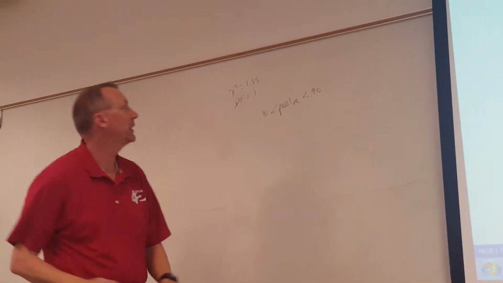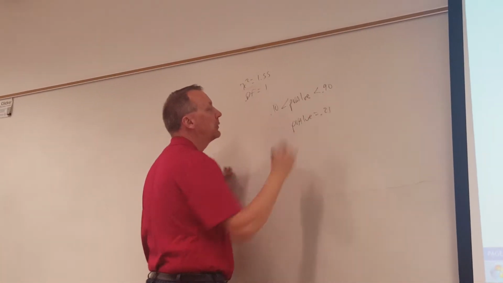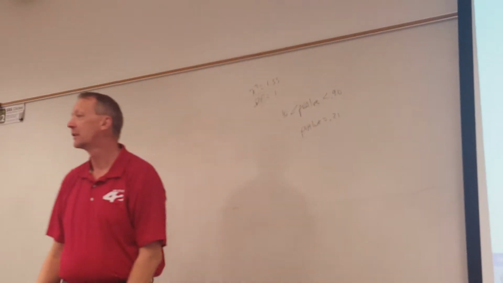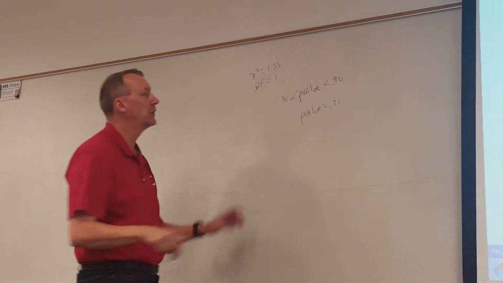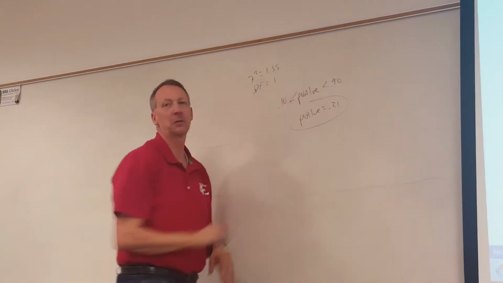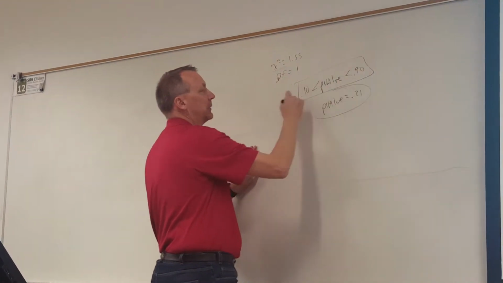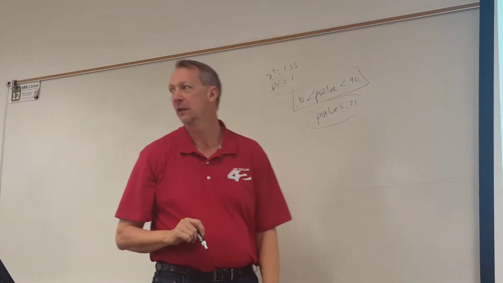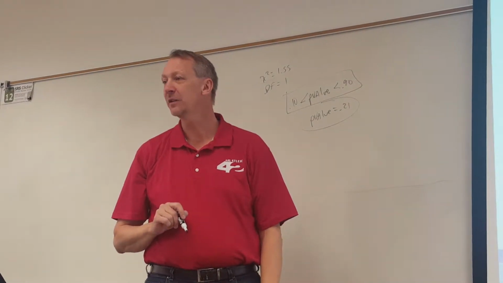Now, the true answer we got was the p-value was 0.21, which is in between 0.10 and 0.90. So this table is kind of lousy that way. If you want to get an exact p-value, the only way to do it is with the computer. If you're using the table, you're going to bracket it somehow. Does that make sense? And that's a pretty lousy bracket.